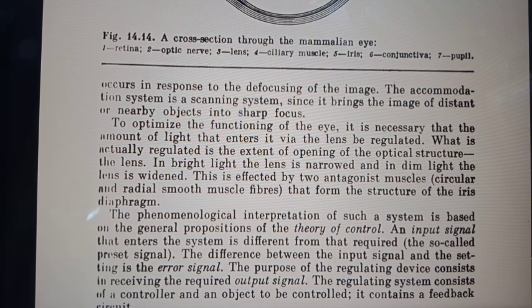In bright light the pupil is narrowed, and in dim light it is widened. This is effected by two antagonist muscles, circular and radial smooth muscle fibers, that form the structure of the iris diaphragm.